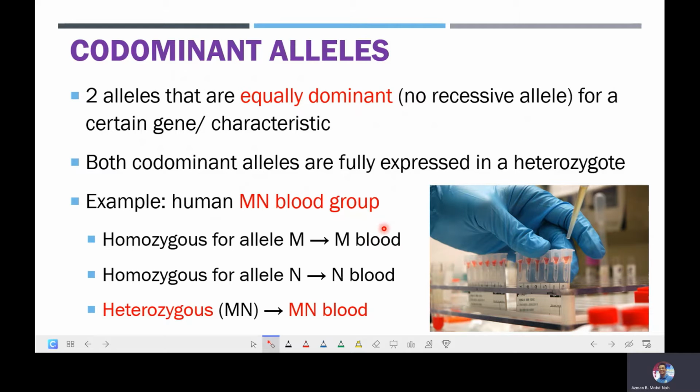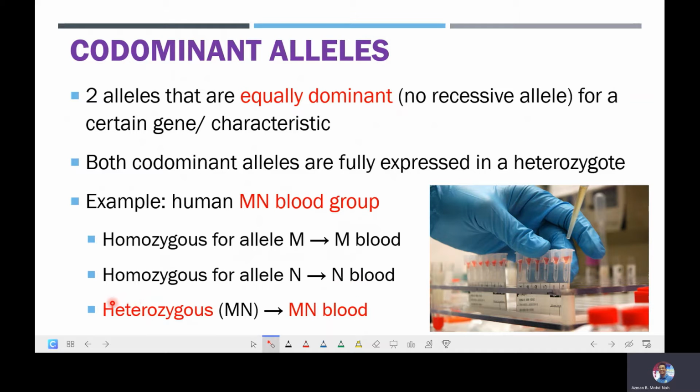For example, we will focus on the human MN blood group, in which the homozygous condition for allele capital M, or genotype capital M capital M, will produce the M blood type for an individual. Meanwhile, the homozygous condition for the allele capital N, or capital N capital N genotype, will produce the N blood type for a particular individual.